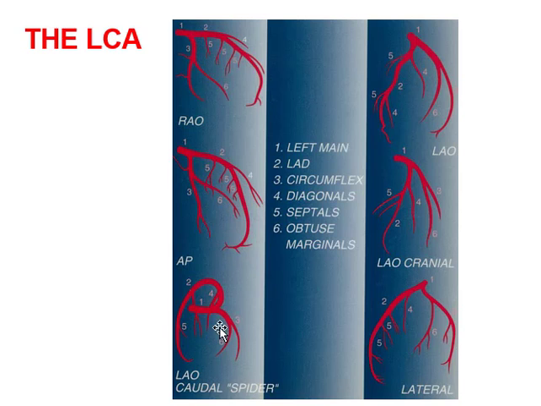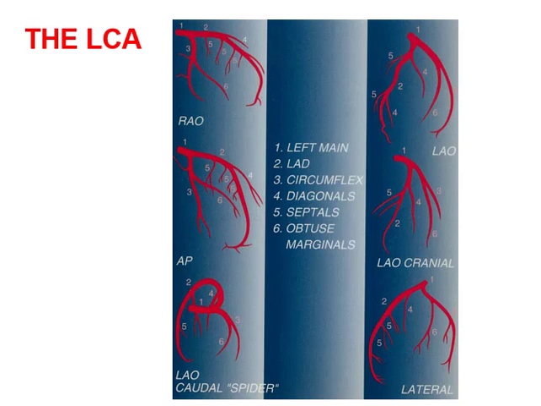So this is how the heart would look if you looked at the coronary arteries from the inferior view. Remember also that the caudal angulations are better for the circ, and the cranial angulations are better for the LAD.